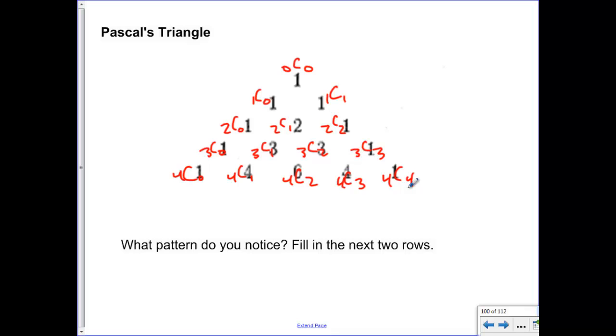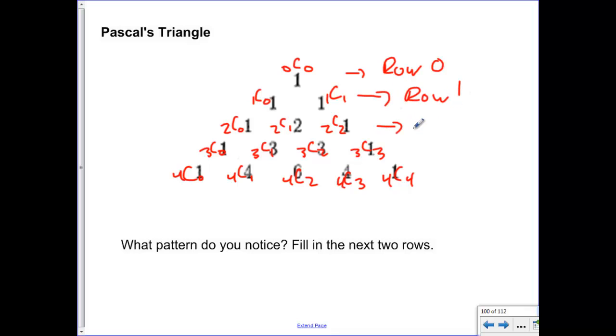Pascal, I believe, is the guy who's credited with discovering that this triangle is really a choose scenario. But it always seems like it's off by 1 because you actually have to start with 0. So this is row 0.